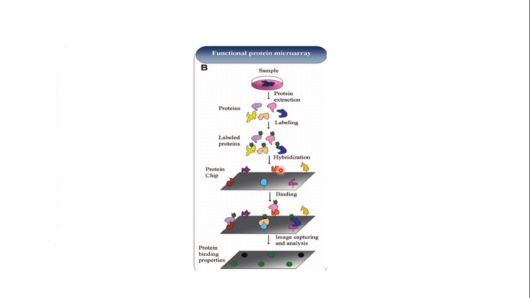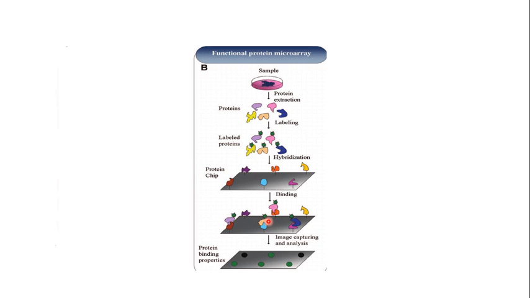For example, you want to see which of the proteins in your sample are going to interact with this particular protein, or with this one, or with this one, because you already know on the chip which kind of protein is present at each position. So when you hybridize your labeled proteins on the protein chip, you can see which proteins are interacting with this particular protein.